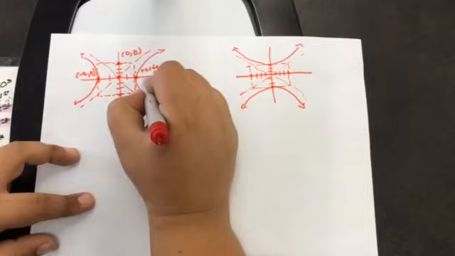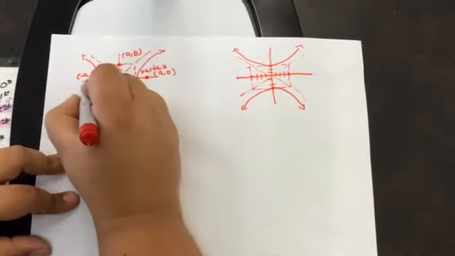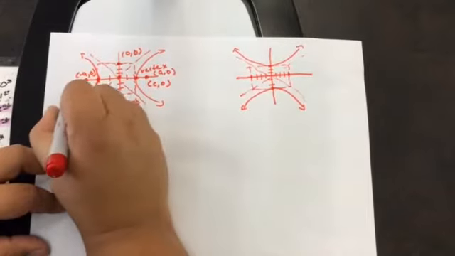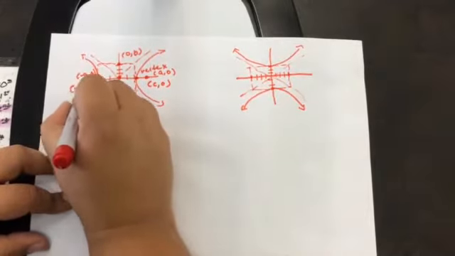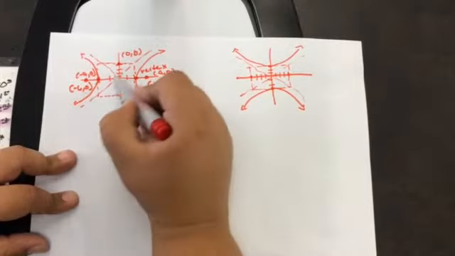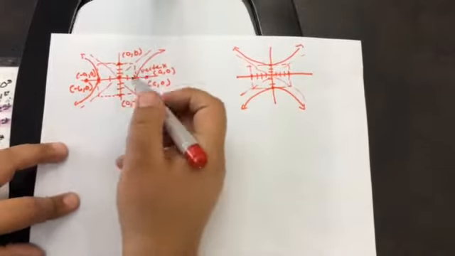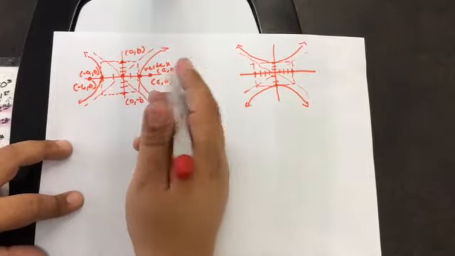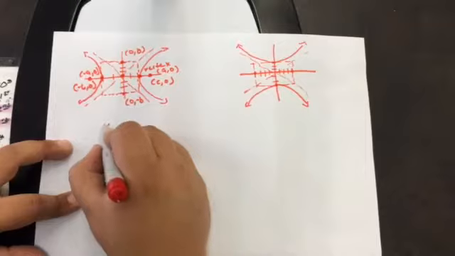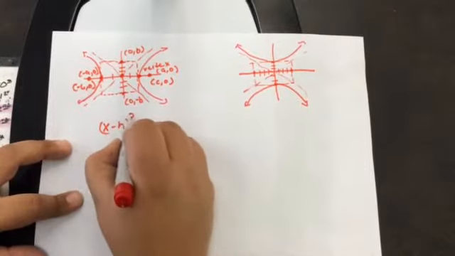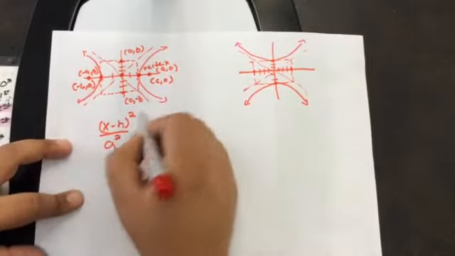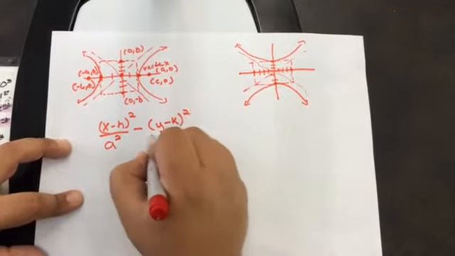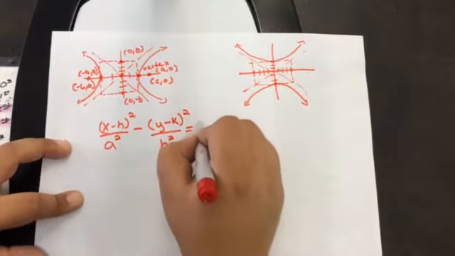Your foci are outside, so they're going to be at c and 0, and -c and 0. These are your asymptotes. So the standard equation of a hyperbola that opens horizontally is (x - h) squared over a squared minus (y - k) squared over b squared equals 1.